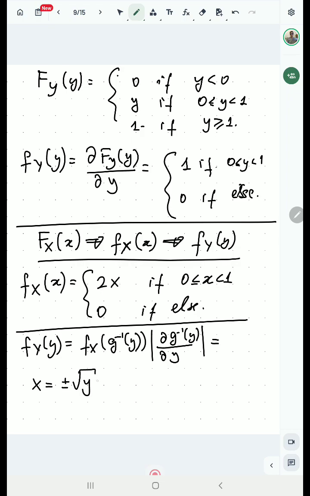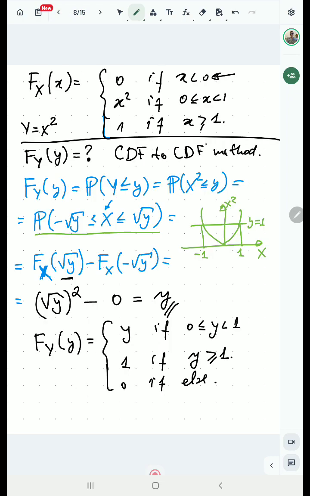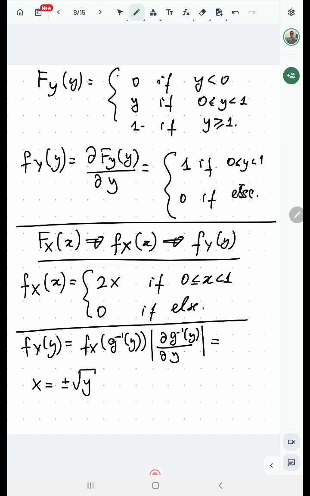This is the inverse function. But here you have to keep in mind that, by definition, x cannot take negative values. I mean, when x takes negative values, its CDF is equal to 0. You can have a look here. See, when x is negative, the PDF and CDF are both 0.